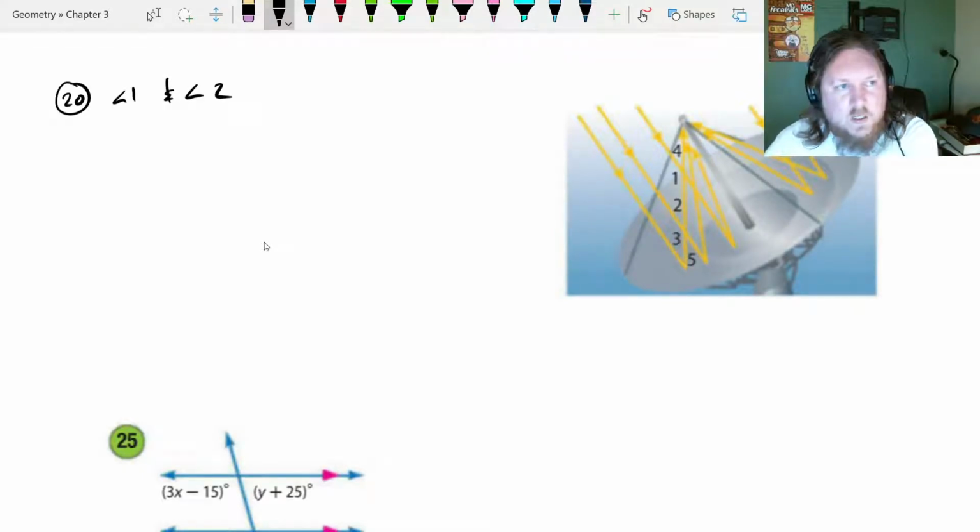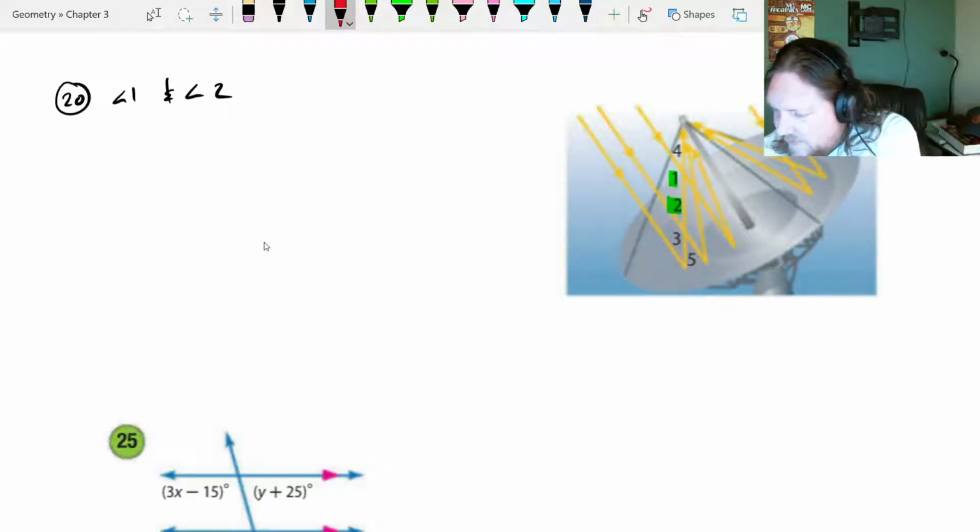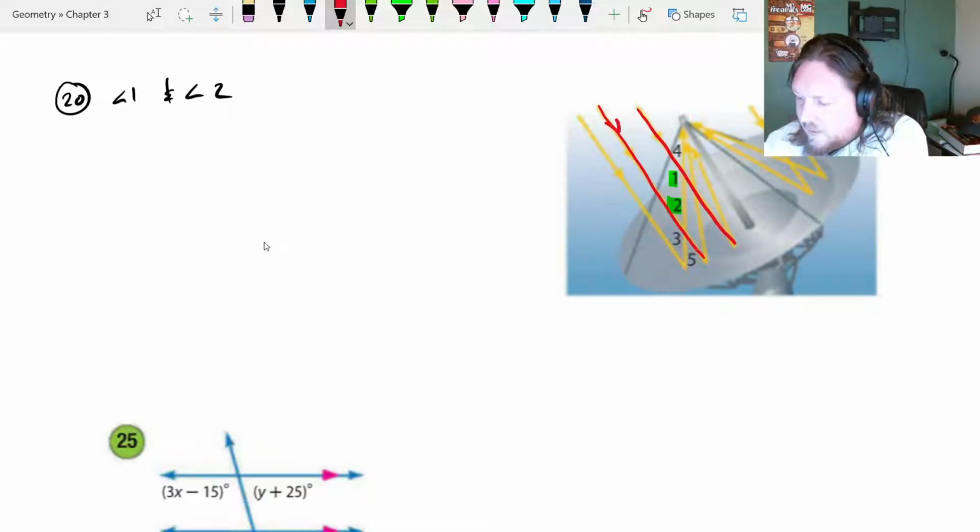So I'm going to do 2 things. I'm going to take a look and see if I can spot where angle 1 and angle 2 are. All right. And I'm going to try to identify the parallel lines that are touching those 2 angles. And you can see I'm highlighting those in red there. So those are the parallel lines. Those are the sun rays.